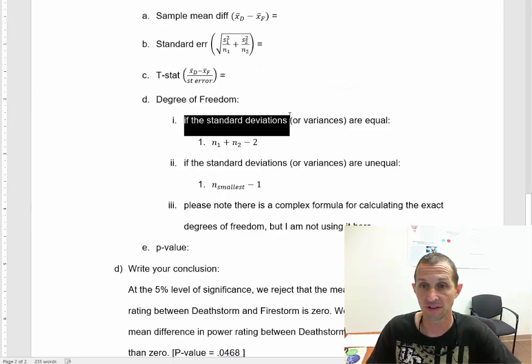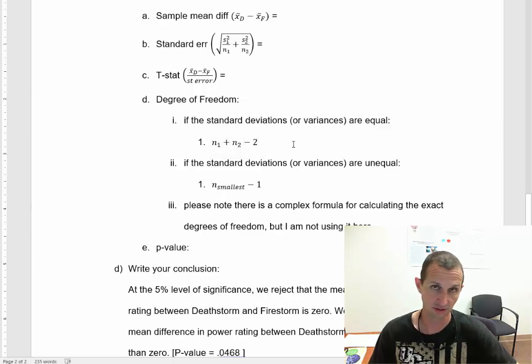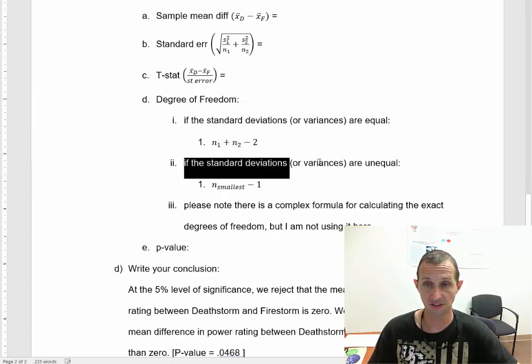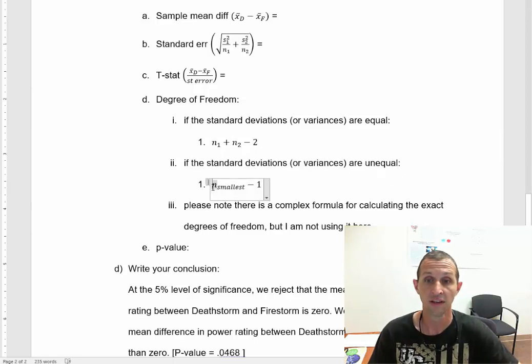All right. Now the next thing that I need is my degree of freedom. Now, if the standard deviations or variances are equal, you would use this formula right here. Sample size 1 plus sample size 2 minus 2. You've got 2 sample sizes, so you need to subtract by 2. If the standard deviations or variances are unequal, if they're very different, then you take n of the smallest sample size, and you subtract it by 1.